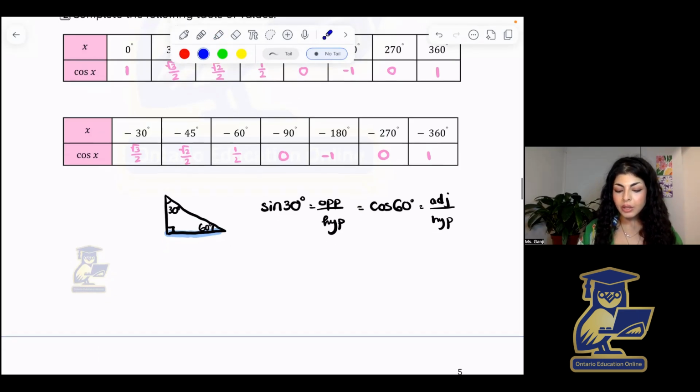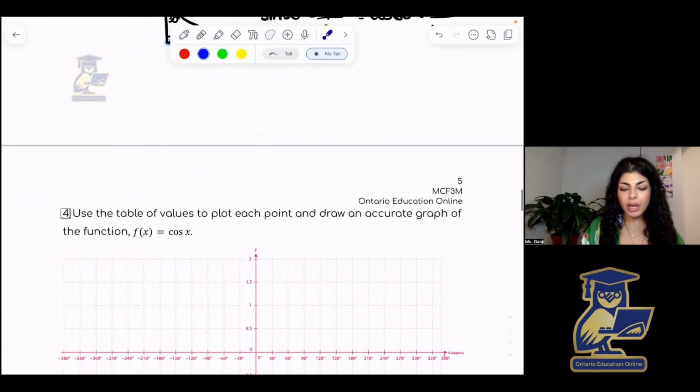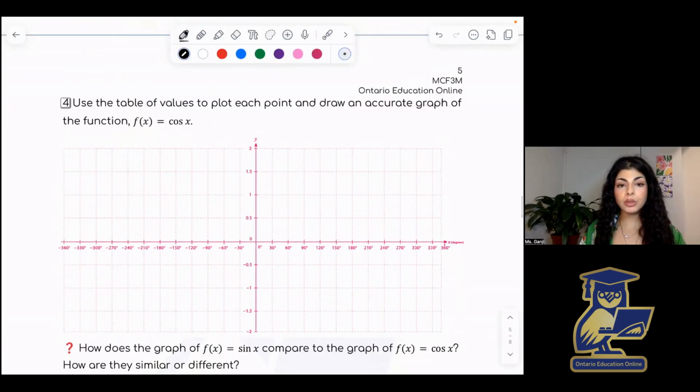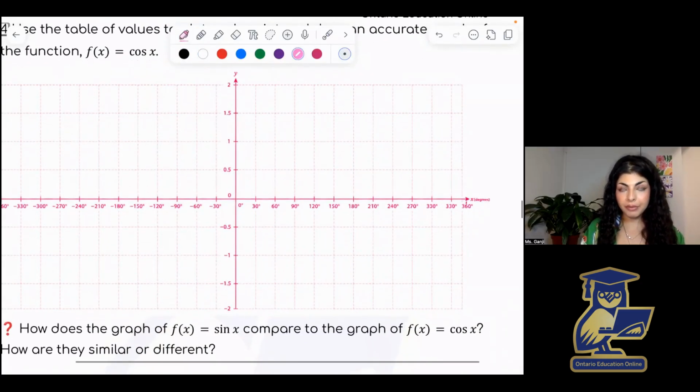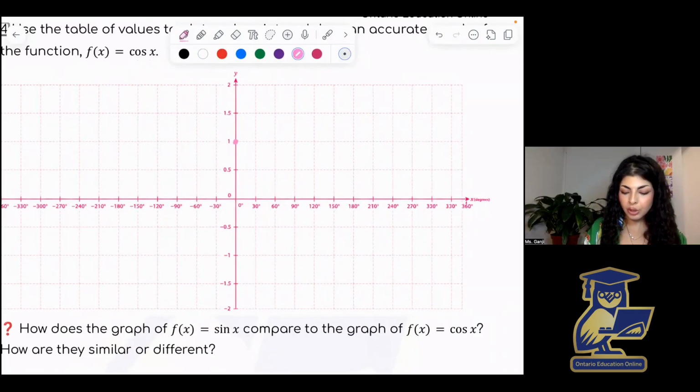So now we're also going to plot our key points here to draw the graph of the cosine function. And again, I will be showing you mainly the key points, but I do recommend you plot the other points as well.